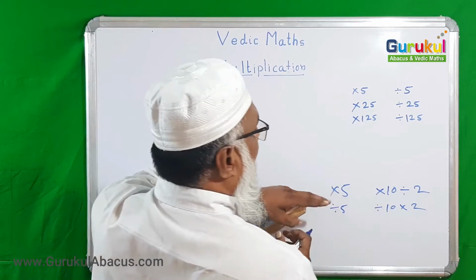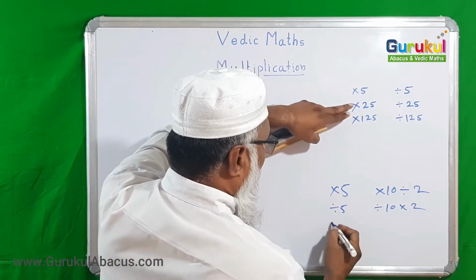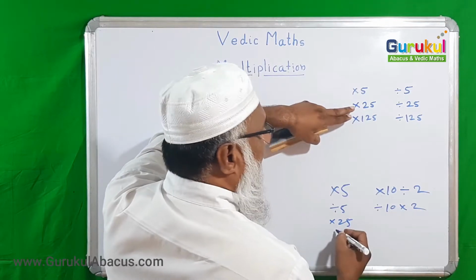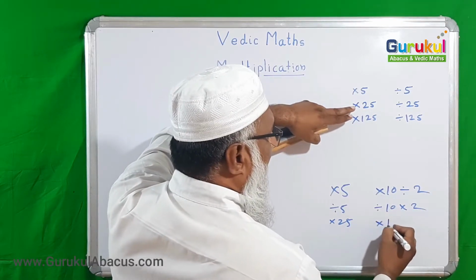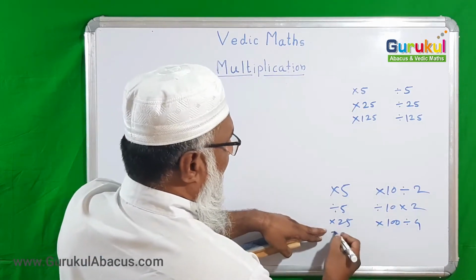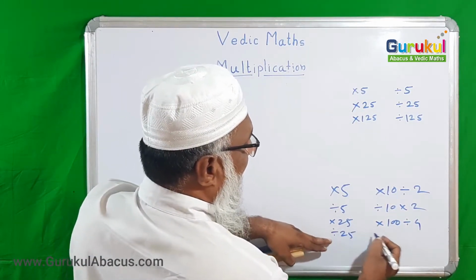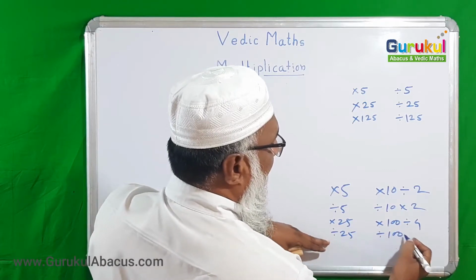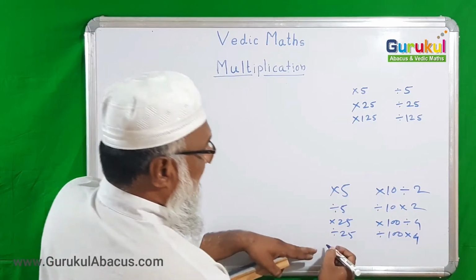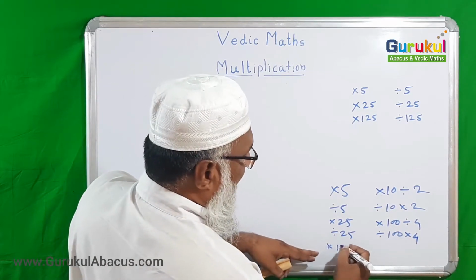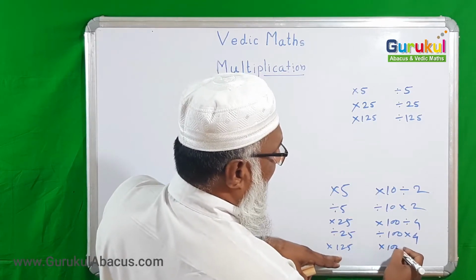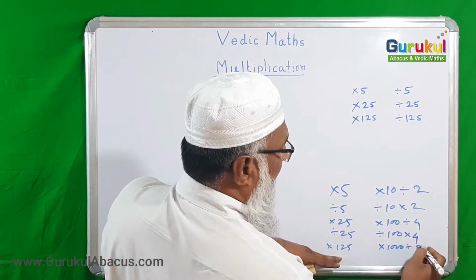Now what about 25? Multiplying by 25 means multiplying by 100 and then dividing by 4. Oppositely, dividing by 25 means dividing by 100 and then multiplying by 4. And at last, multiplying by 125 means multiplying by 1000 and then dividing by 8.